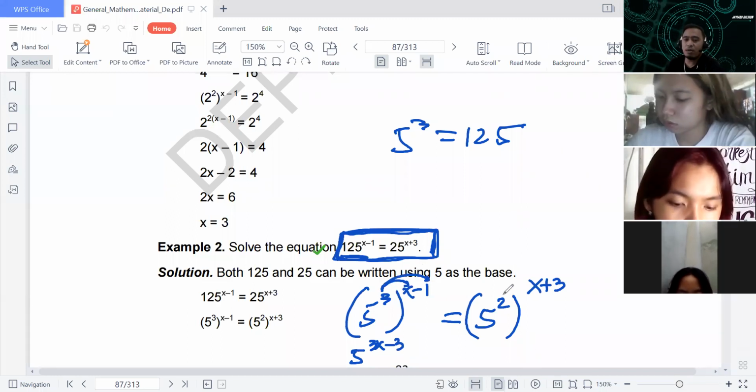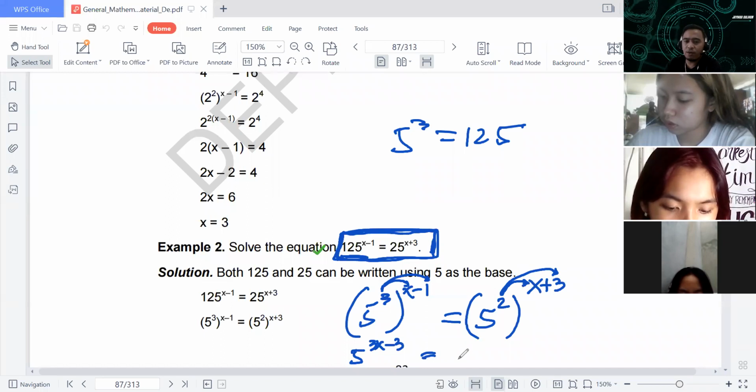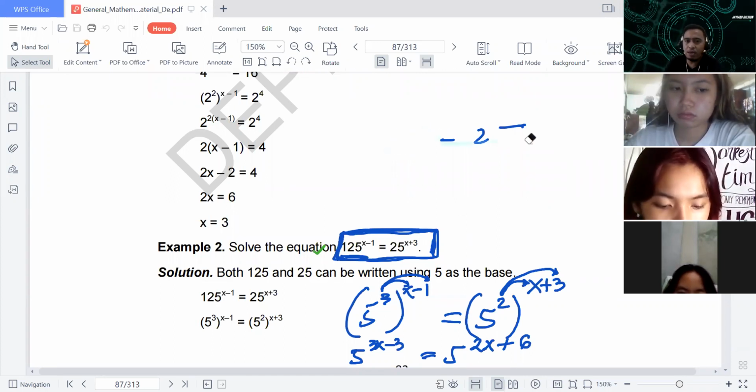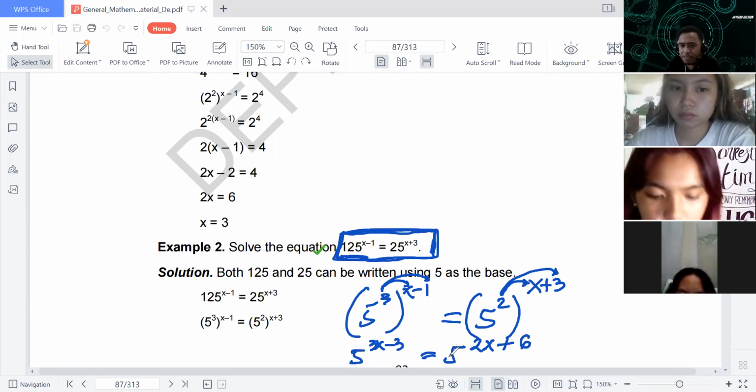So same as here, it can be 2 times x and 2 times 3. So it is now 5 raised to the power of 2x plus 6. By using the property that I stated a while ago, you can now equate their exponents, right? Since they have the same base of 5.